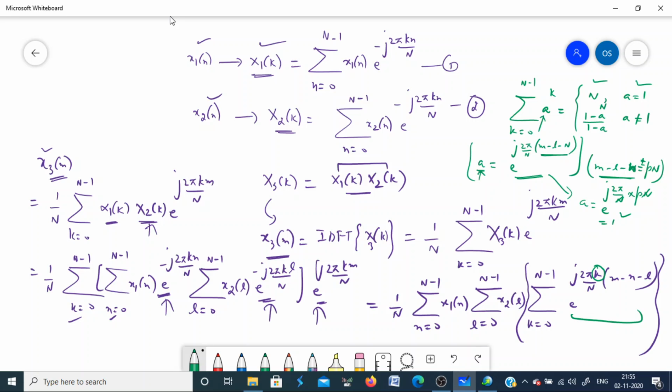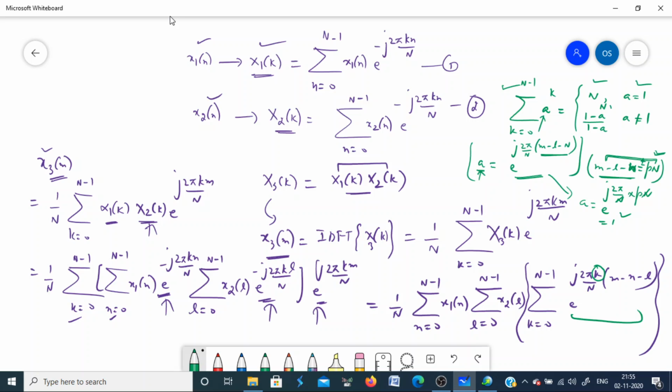It means when m minus l minus n is a multiple of capital N, a will be equal to 1, and this series will converge to N simply. Otherwise, if a is not equal to 1, it means this is not a multiple of N.